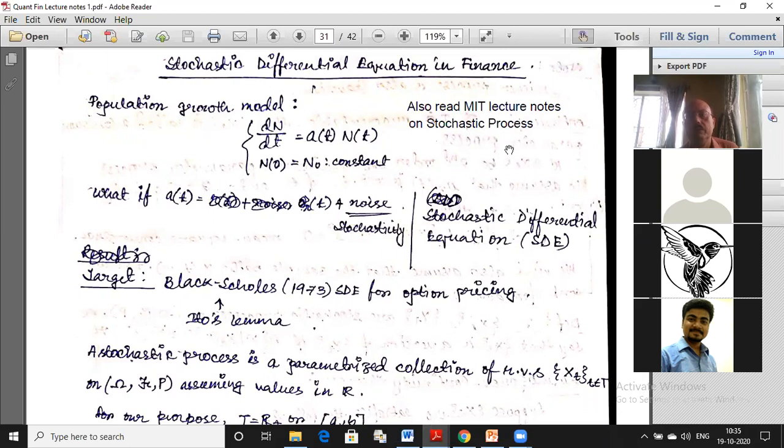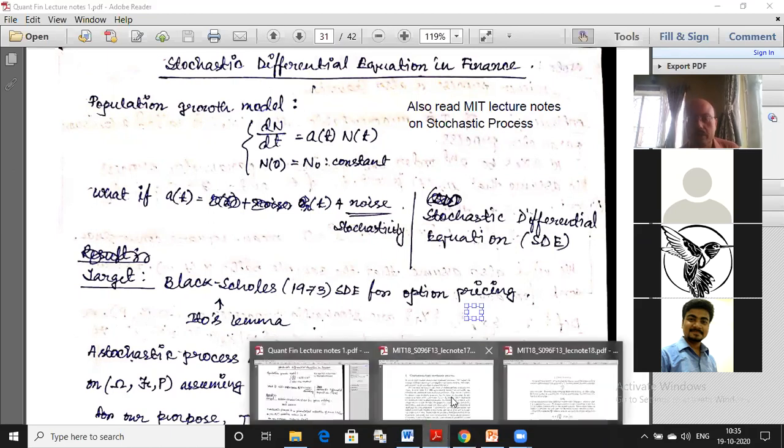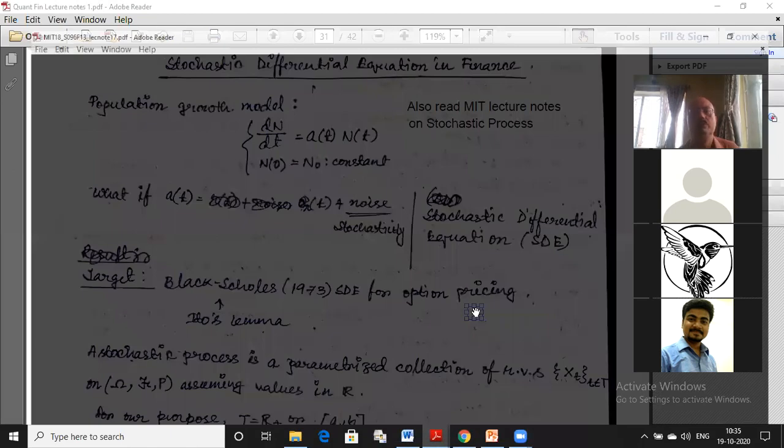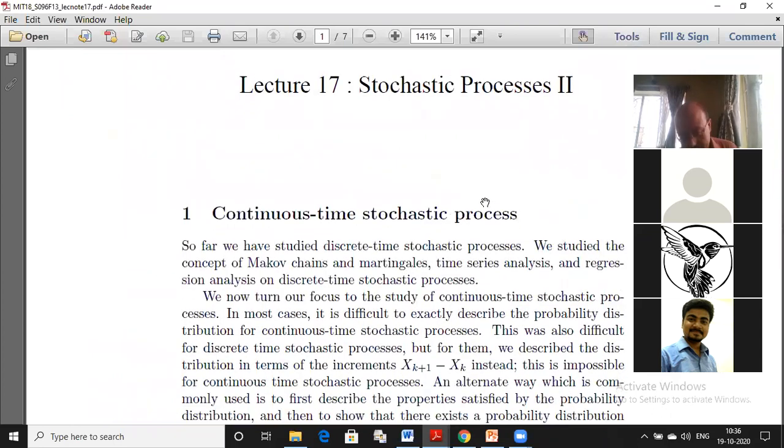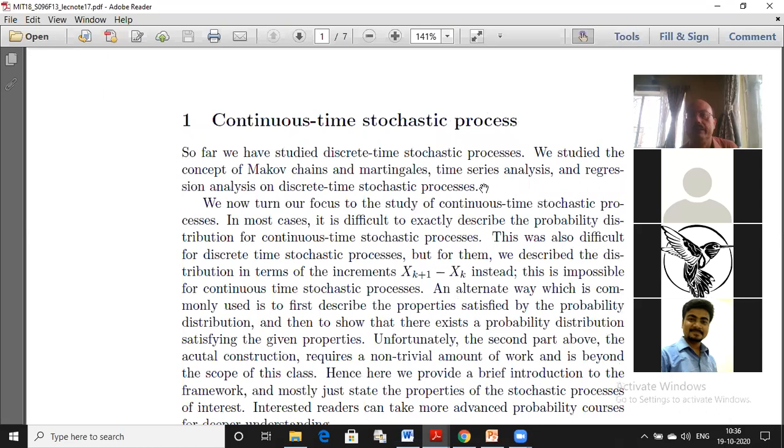So in particular, I would show you this lecture note. This is lecture 13, no, lecture 17 from this MIT course, and this is specifically related to continuous time stochastic processes.